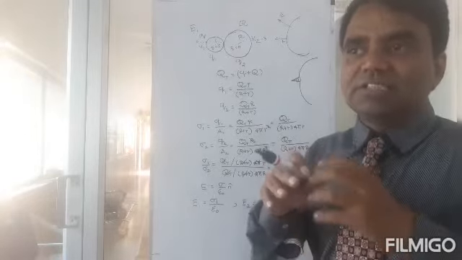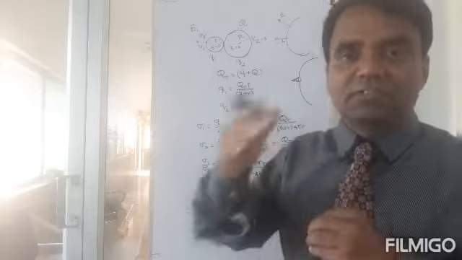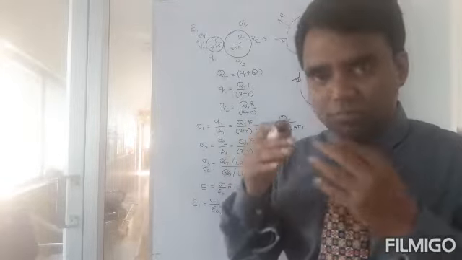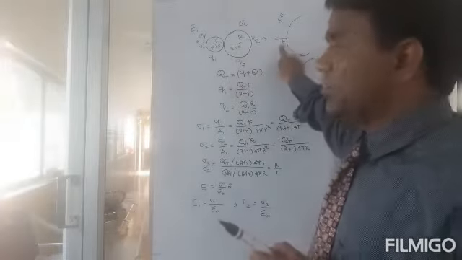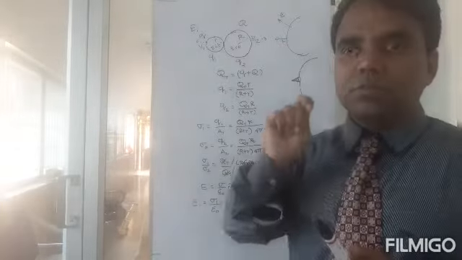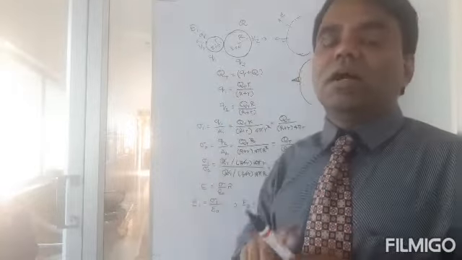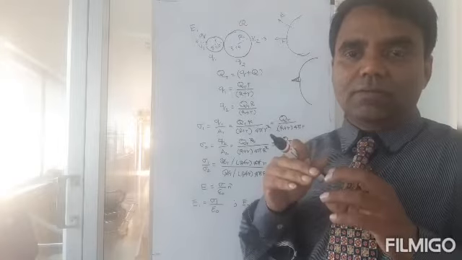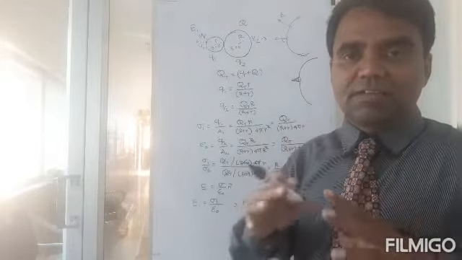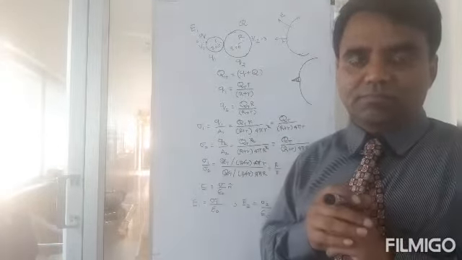If the charge density is greater, then the electric field will be greater. If the charge density is smaller, then the electric field will be smaller. So sharp edges will have higher electric field intensity than the rest of the conductor.